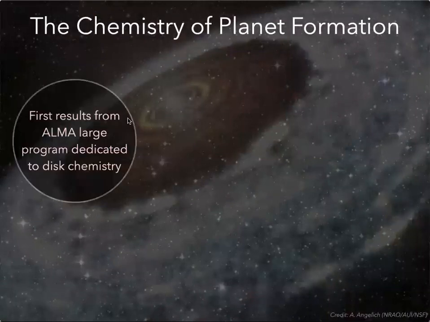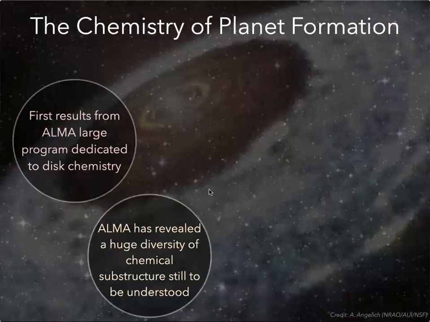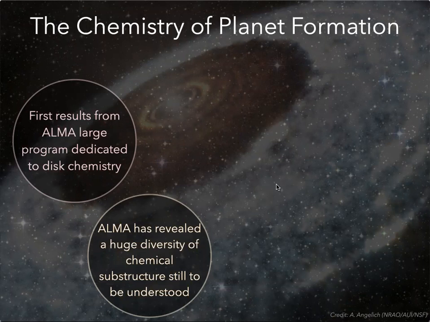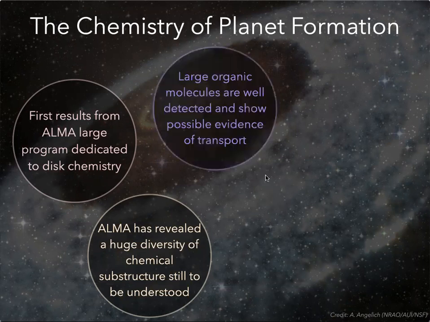So just to finish, I showed you the first results from an ALMA large program that we dedicated to disk chemistry in the planet forming zone. You can see that we see this huge diversity of chemical substructure that we're still wrapping our heads around and still trying to understand. The large organic molecules that we detected are well detected on 4 out of 5 of our sources, and we think this is showing possible evidence of transport through the disk.